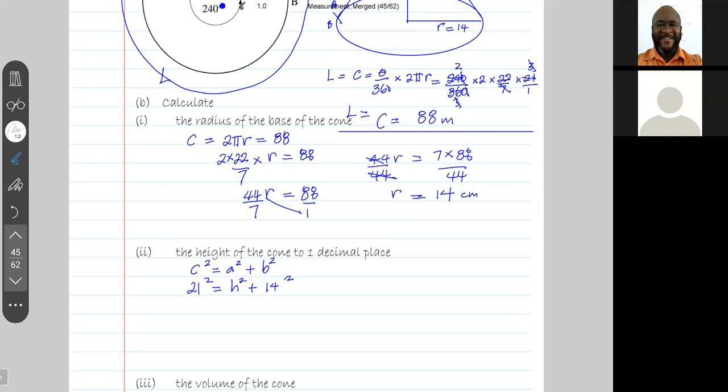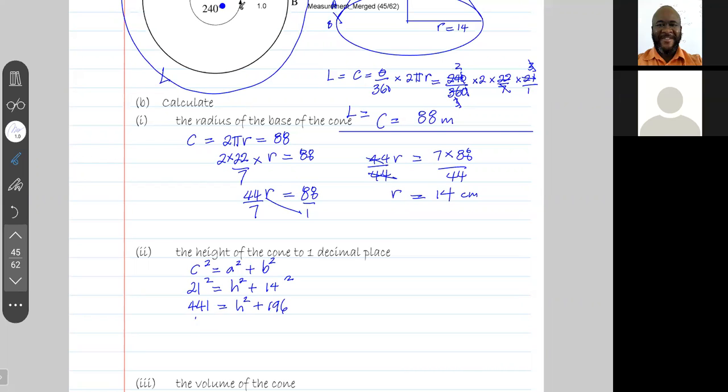So 21 squared is 441, is equal to h squared plus 14 squared, which is 196.